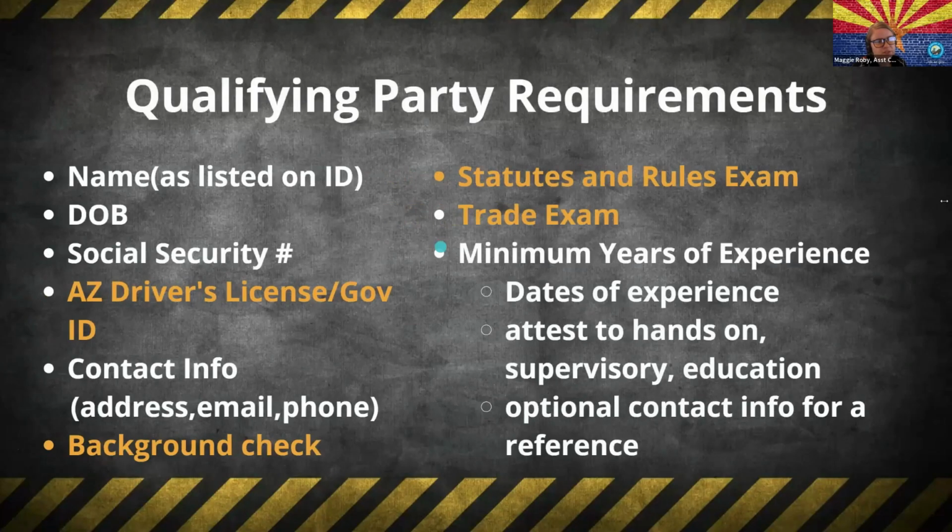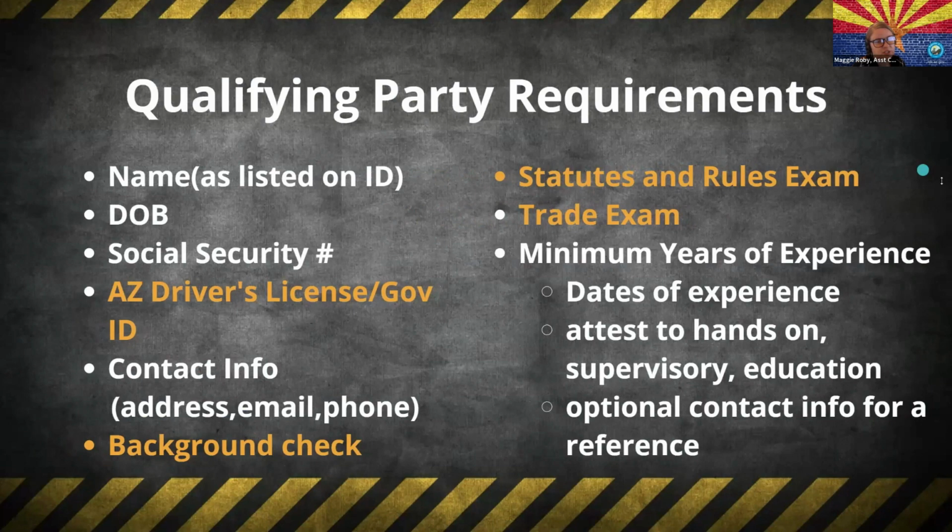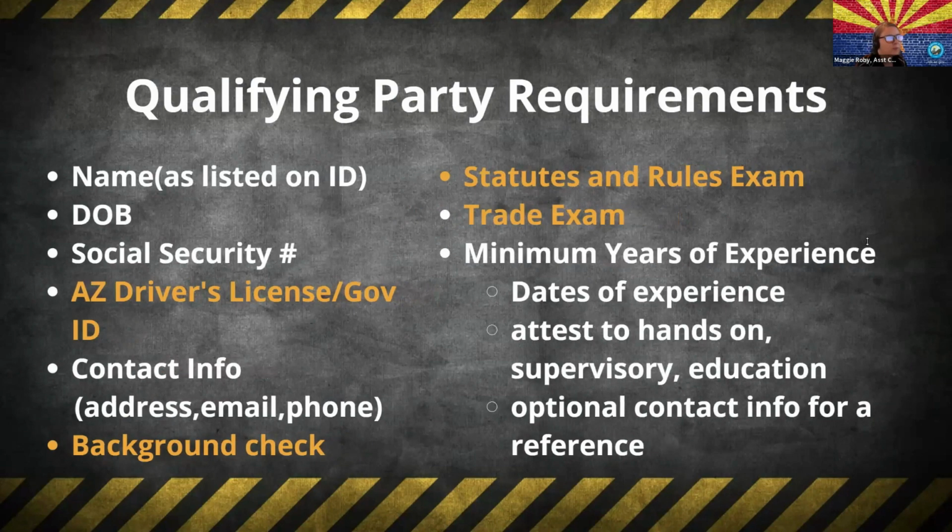Once you have determined your classification, your qualifying party is going to need to provide the following items. Your qualifying party is the individual who can either be an owner or a regularly employed employee, but they are the ones who have the experience and will be taking your exams as well.